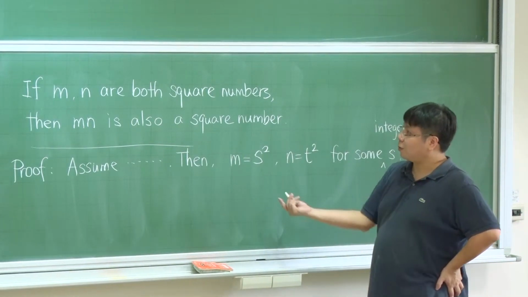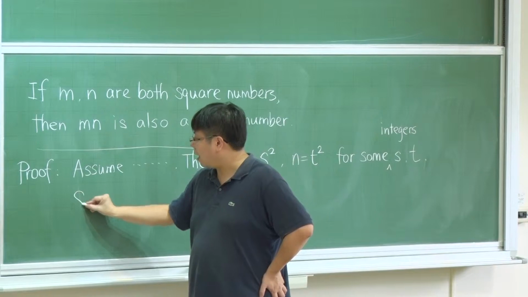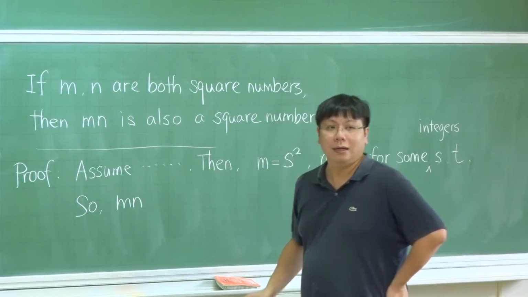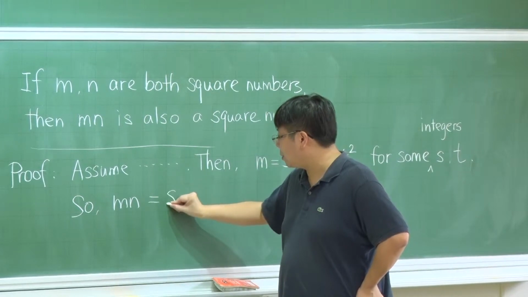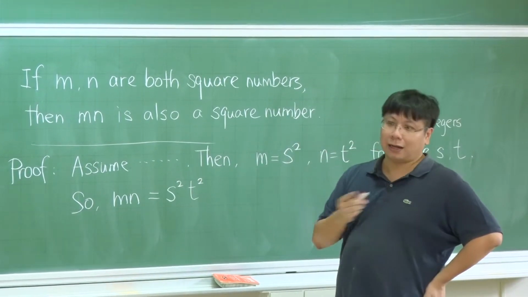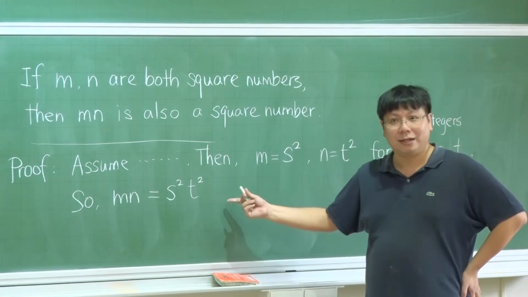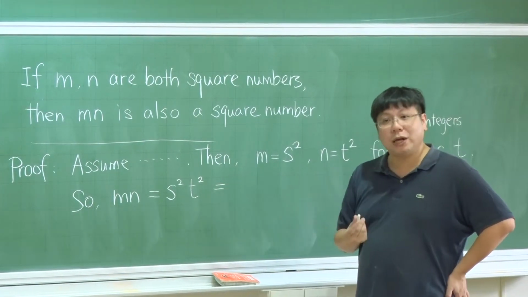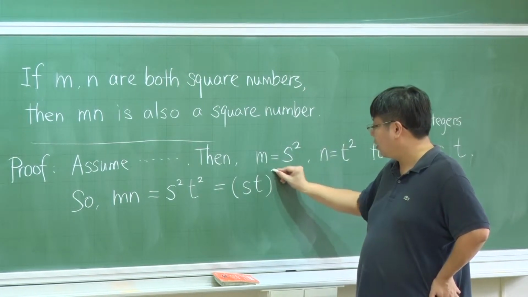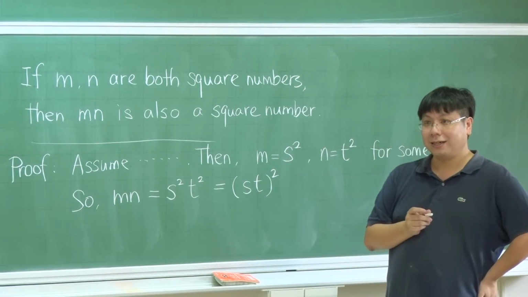Okay. Then what do we have? Now, take a look at m times n. m times n will be equal to s squared times t squared, right? And then how can we conclude that it is a square number? We just rearrange it into a beautiful form. This is s times t, whole squared. Is that okay?